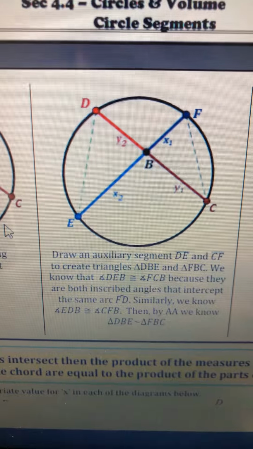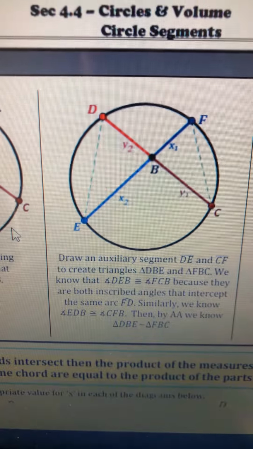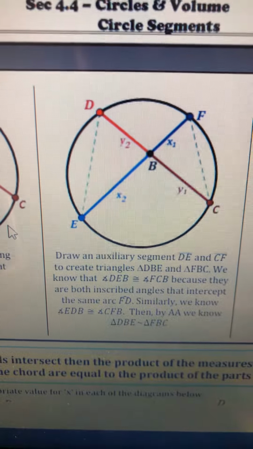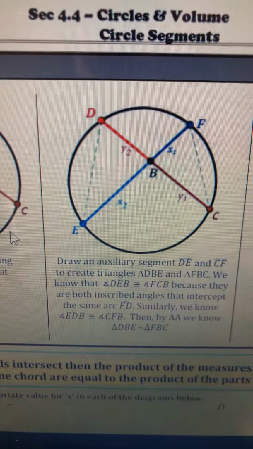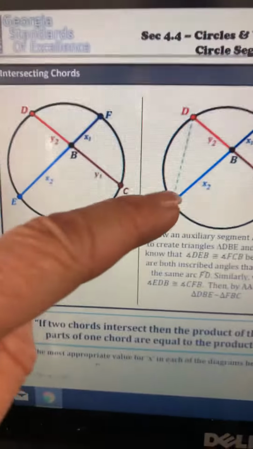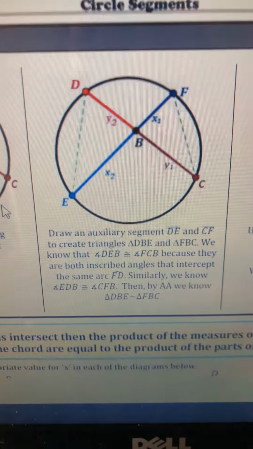We know that the measure of angle DEB is congruent to FCB because they are both inscribed angles that intercept the same arc. So they're both intercepting the same arc up here. They're inscribed angles, so therefore they have to be the same.